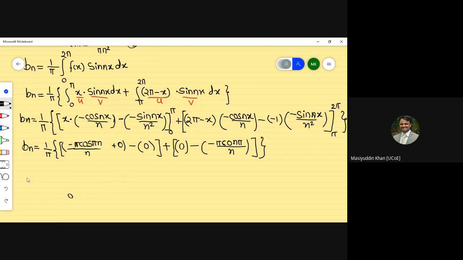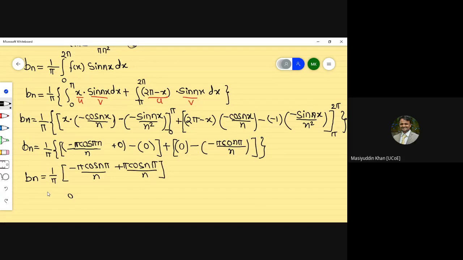So we are getting Bn is equal to 1 by pi. This will become minus pi into cos of n pi upon n. Now here you will get plus pi cos of n pi upon n.